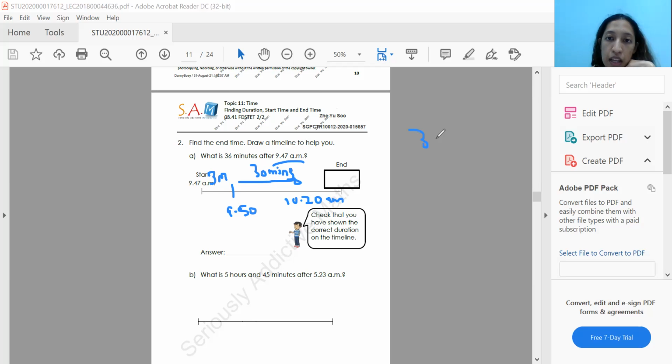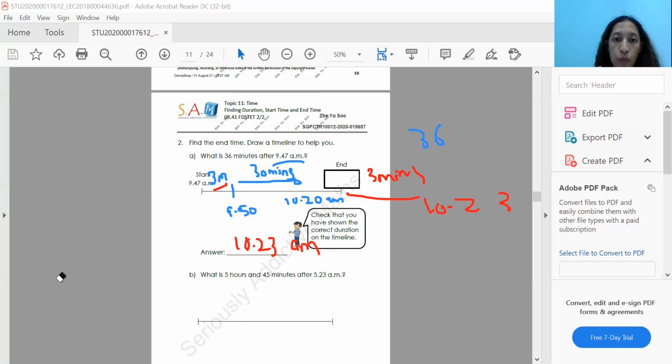They want 36 minutes. So far, we only did 3 plus 30. We only have 33 minutes. So we are left with 3 more minutes. So 10:20, 3 more minutes is 10:23. So 36 minutes after 9:47 a.m. is 10:23 a.m. All right. So let me go through one more question with you.